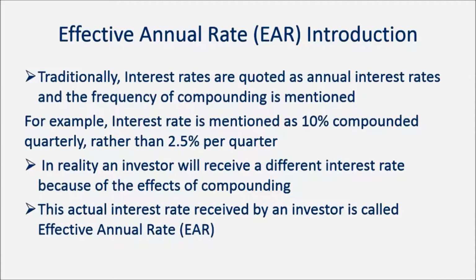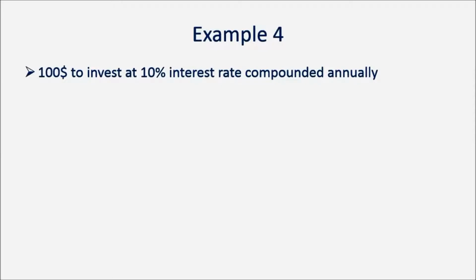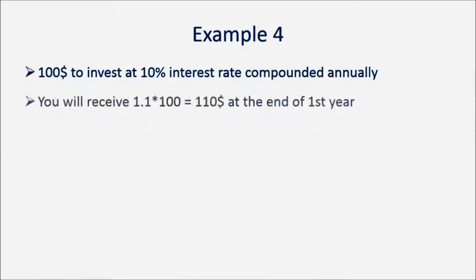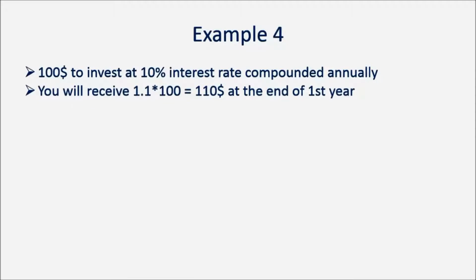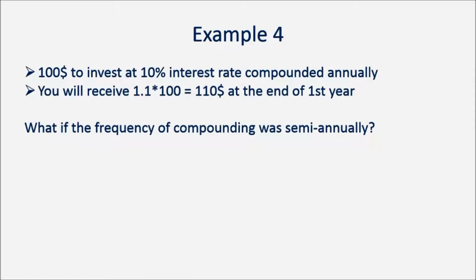Let's look at an example. Example 4. Let's say you want to invest $100 at 10% interest rate compounded annually. So you will receive 1.1 multiplied by 100 or $110 at the end of first year. What if the frequency of compounding was semi-annually?